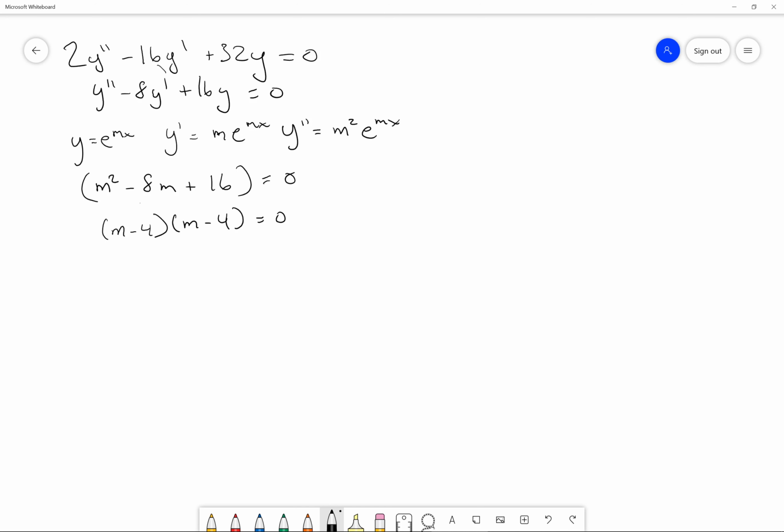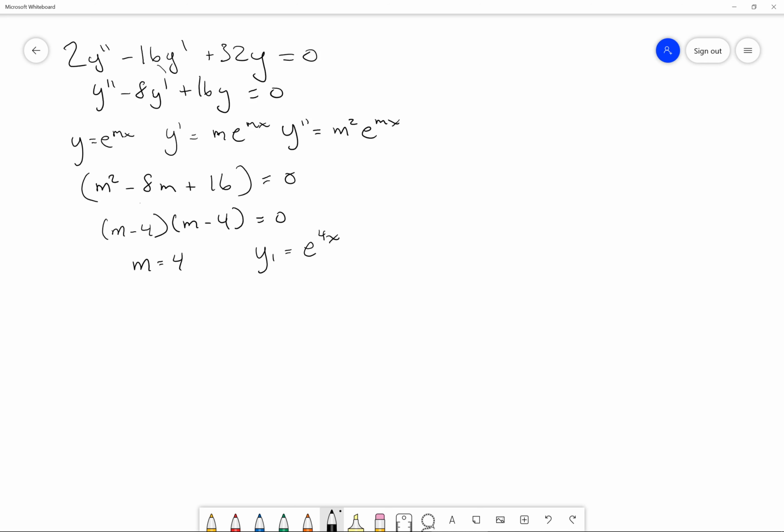What you have is repeated roots. So you have that m equals 4, but it equals 4 twice. So we have y1 is e to the 4x.